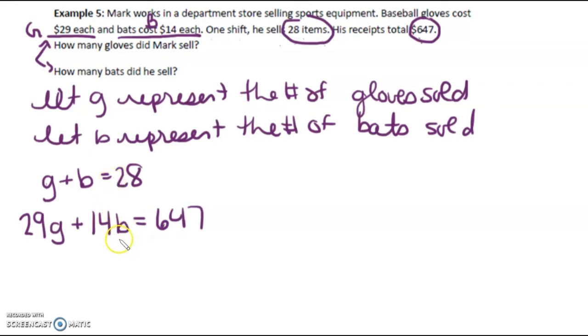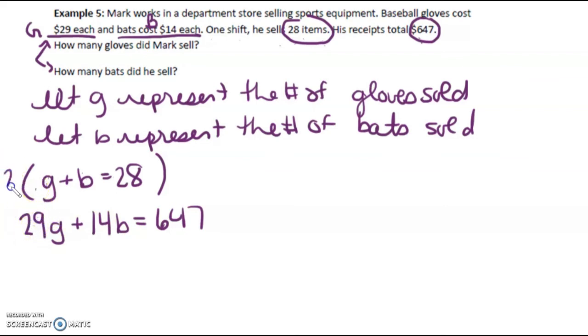So we have two equations. I'm going to focus on elimination for this. You can also do substitution, but just because we're under the elimination heading, let's do elimination. The coefficients of the G are 1 and 29, and the coefficients of the B are 1 and 14. So neither of these have the same coefficient. That means we can pick any number to multiply this first equation by to get a duplicate of the second equation. So let's pick 29.